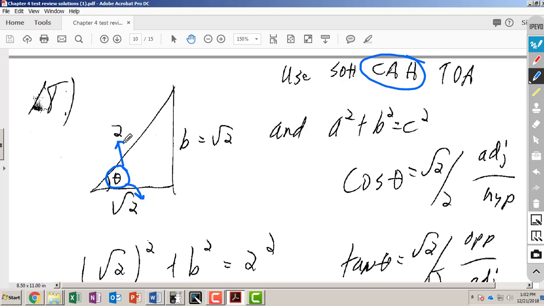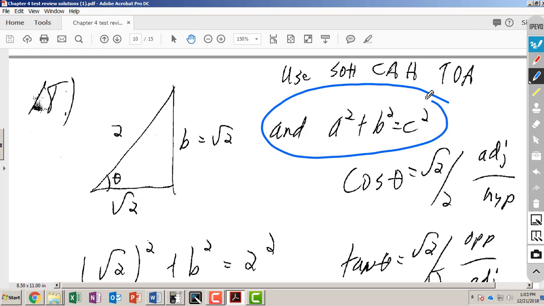So now that I've labeled my right triangle, notice the very first thing I did is I just drew a right triangle, labeled it, I have theta there. And now I'm going to go ahead and use the Pythagorean theorem, a squared plus b squared, to find my opposite side. Because it wants me to find my tangent, and my tangent is opposite over adjacent.